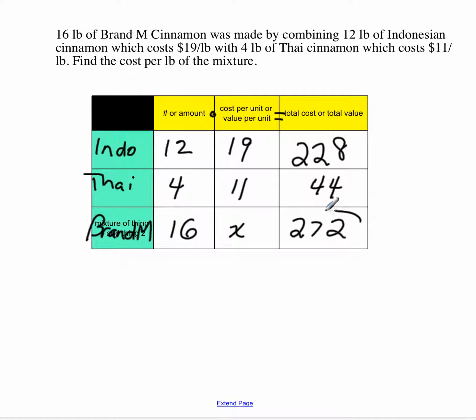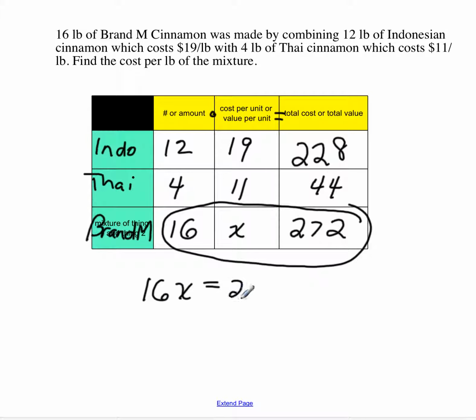So I can use my formula to write an equation. And look at that. I only have one unknown. So I only have one equation, because that's all I need. One equation, one unknown. Two unknowns, 2 equations. 3 unknowns, 3 equations.